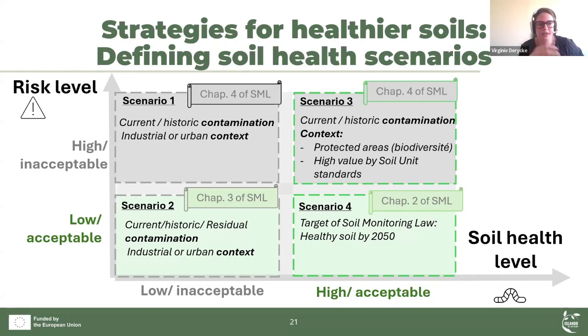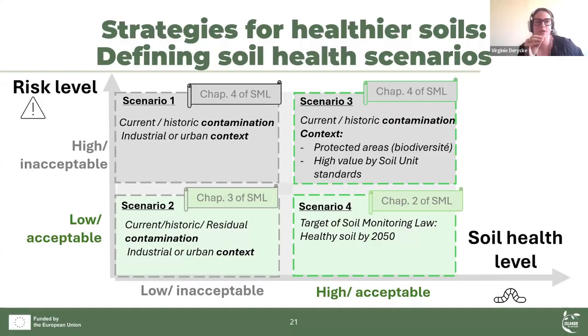You don't have to be careful about soil health level. But if you have a high soil health level, like context 3, you need in your remediation to be more careful, either to protect or to restore.